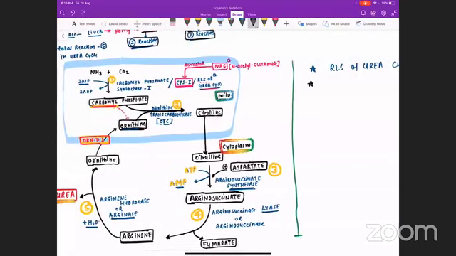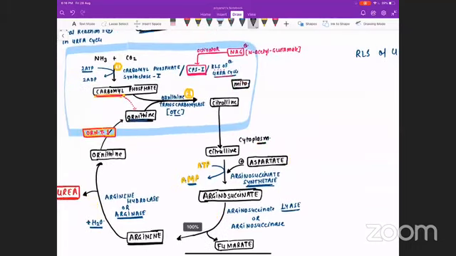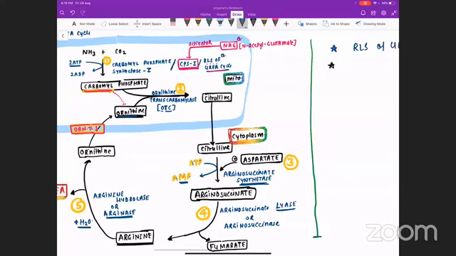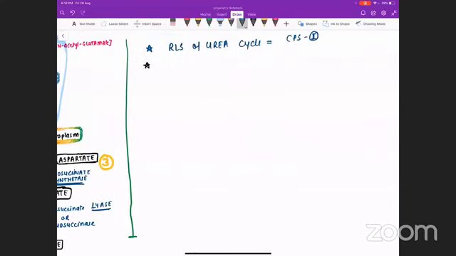These are the 5 enzymes used there. What they can ask is, in the urea cycle, there are 5 enzymes used, so what is the 6th enzyme of the urea cycle?